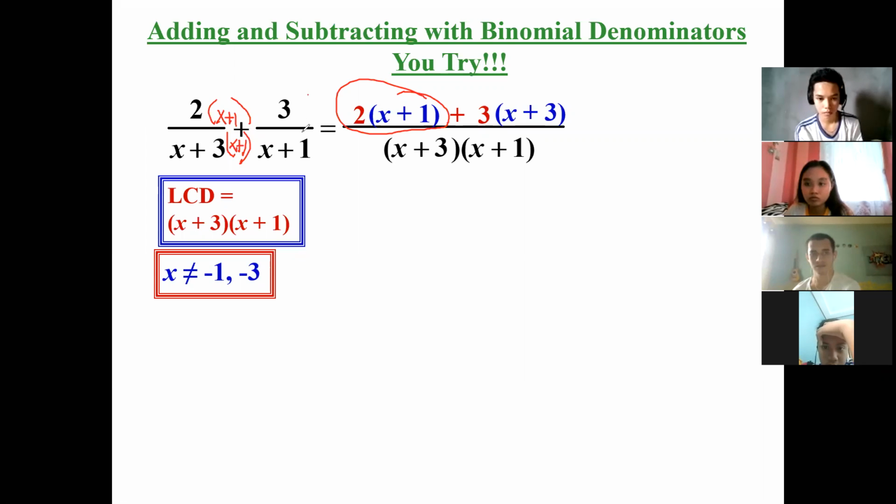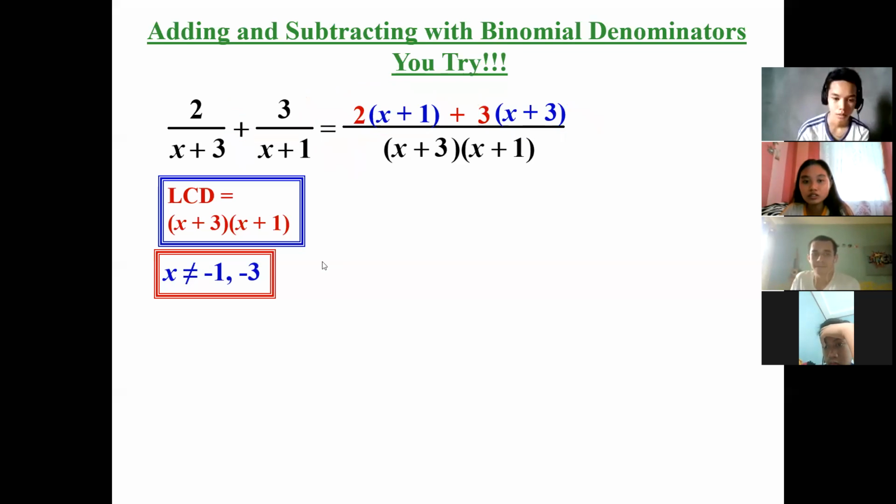And then the second fraction, since our LCD is x plus 3, x plus 1, and we already have x plus 1 here, we just have to multiply it by x plus 3, both numerator and denominator. That's why you have here the expression. Get it? It's just being combined directly. You can do that in your solution paper and then eventually lead to the same solution as this one. Get it? If you follow the previous solution then.